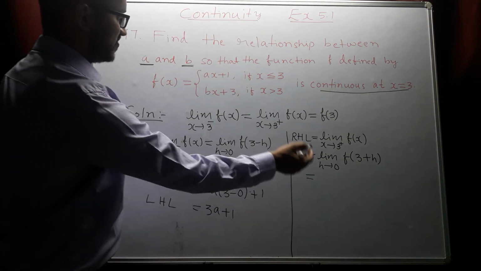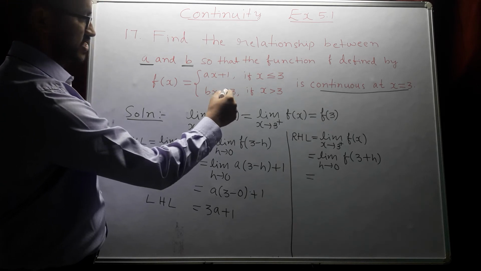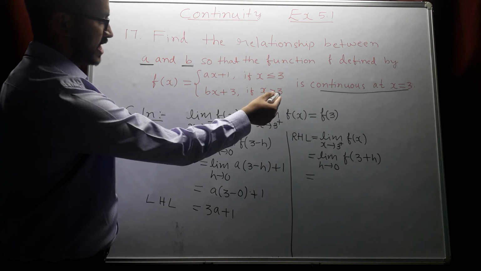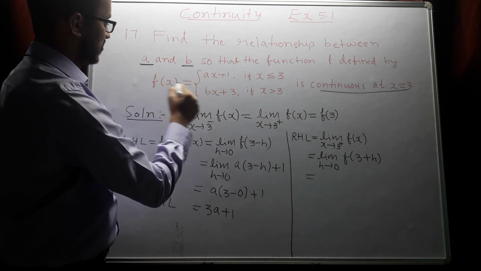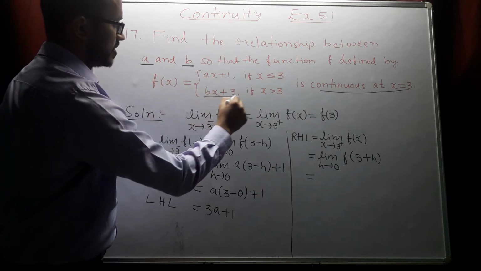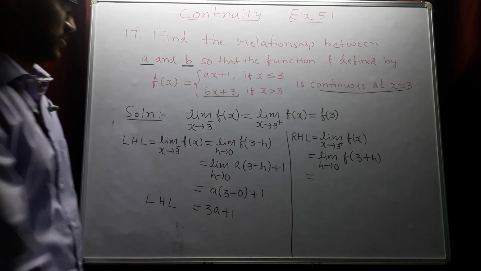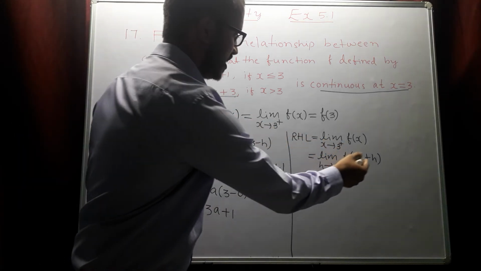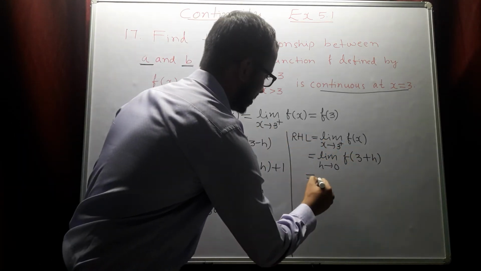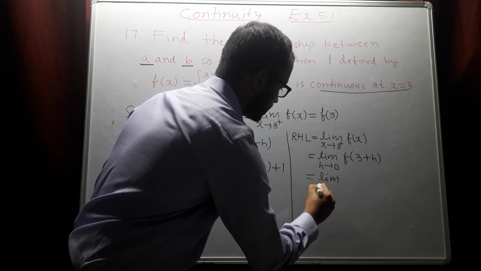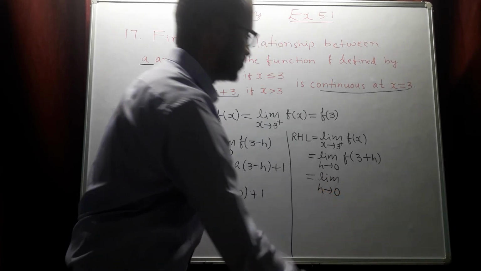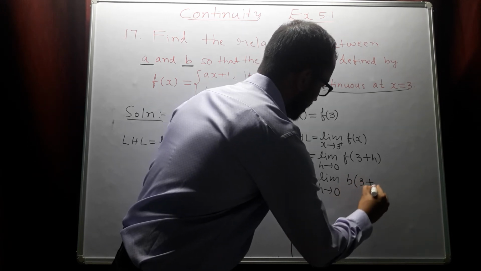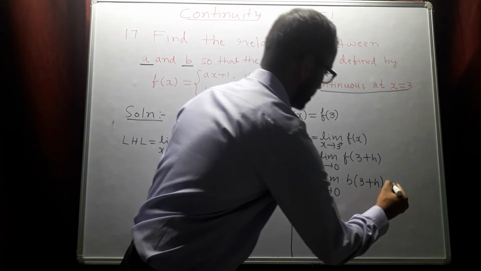In this case we are considering the second definition, because for the values of x greater than 3, the functional value f of x is bx plus 3. So now substitute 3 plus h in place of x. So we are getting limit h tends to 0 of b into 3 plus h plus 3.